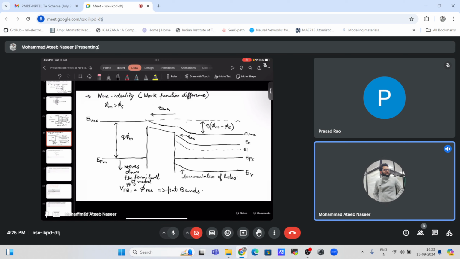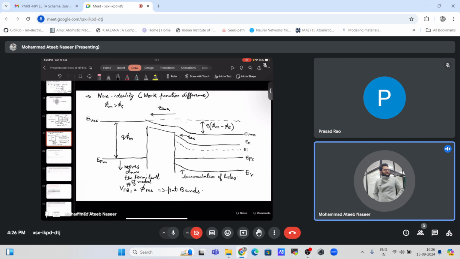Since we are considering the oxide to have zero charge inside it, the positive voltage will impact the semiconductor such that it attracts the electrons towards the oxide-semiconductor interface, and we will have total band bending to be 0, okay. So it will be named VFB1.